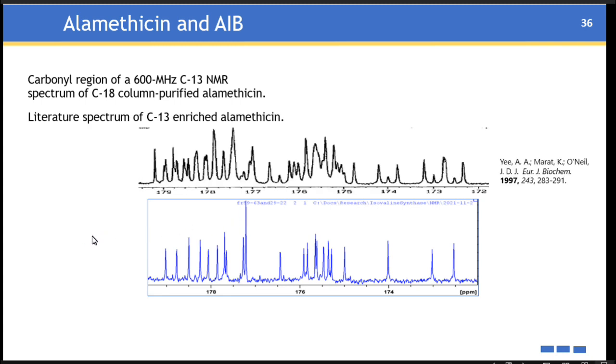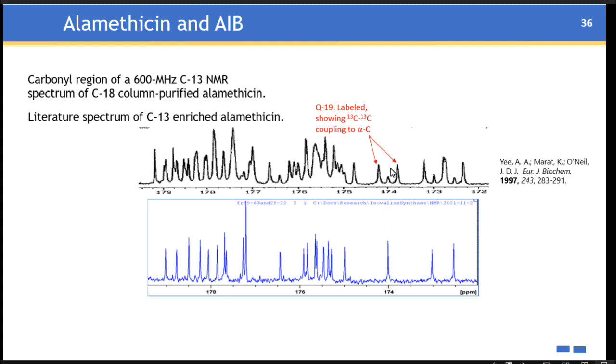And I know that this is the right spectrum because back in the day, Yi et al. published the C13 spectrum of alamethicin. I first looked at this and said, oh my God, we didn't get it. But then I noticed that in fact these small peaks here line up exactly with the peaks in my spectrum.